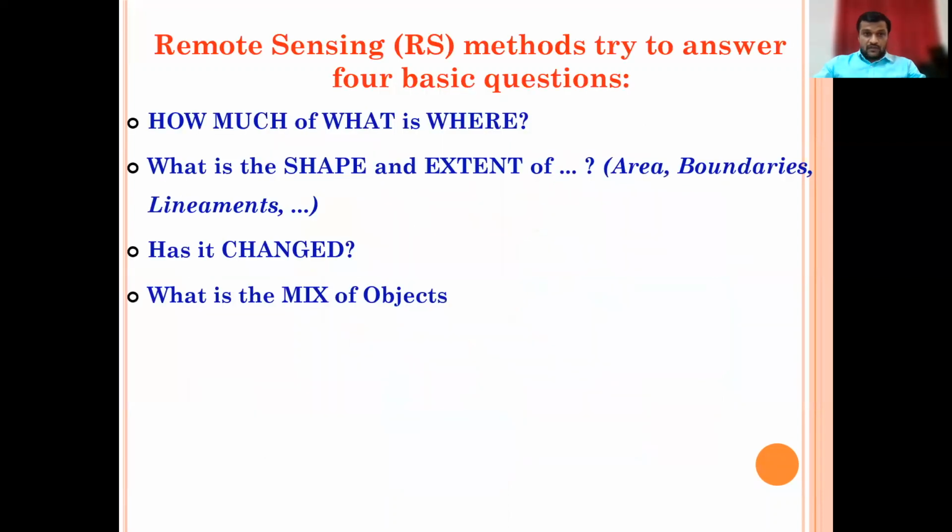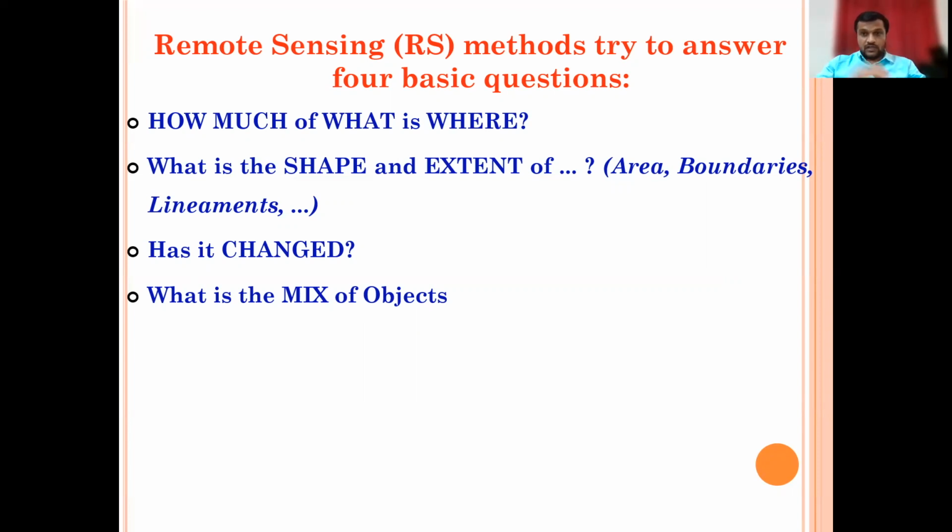earth surface. So remote sensing basically answers these four basic questions: how much or what kind of feature is there, what is the location of that feature on the earth surface, and what is the shape and extent of a particular feature or area on the earth surface. It provides us the information about the area, boundary and lineaments, and how much change is there.